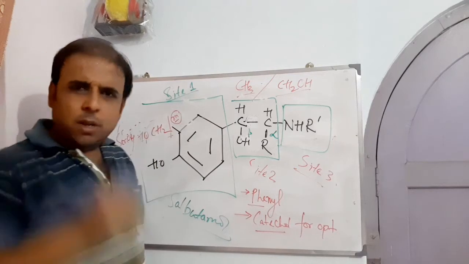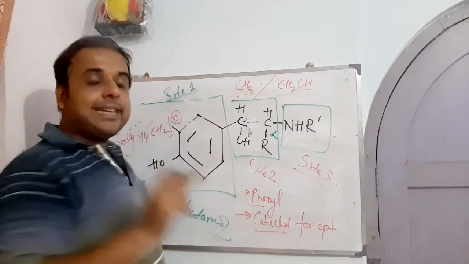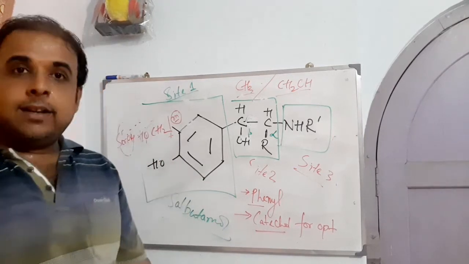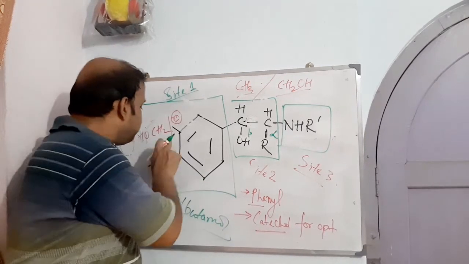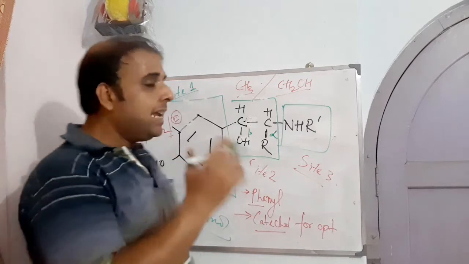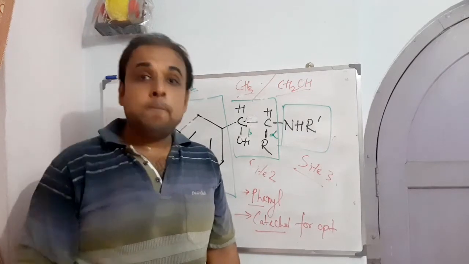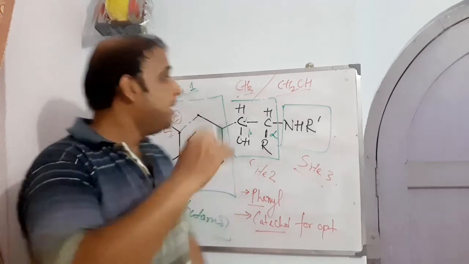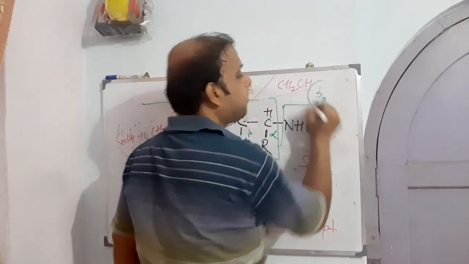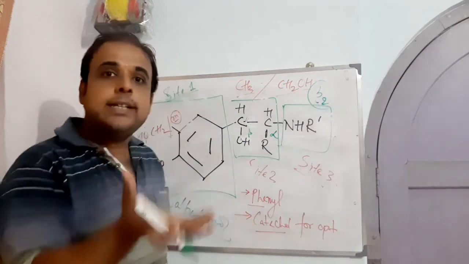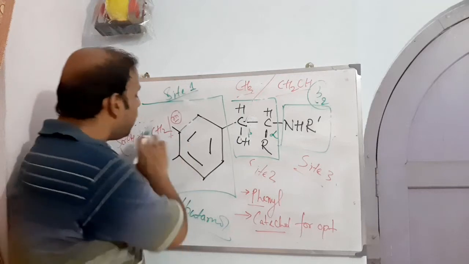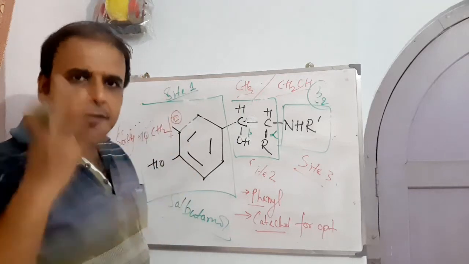Now, what will happen if I replace the catecholic hydroxyl, the meta hydroxyl, with another kind of substituent? What they observed is that out of this substitution, the drug gains affinity towards the beta receptor, preferentially beta 2, the moment we replace the meta hydroxy of this catechol with a similar kind of functional group.